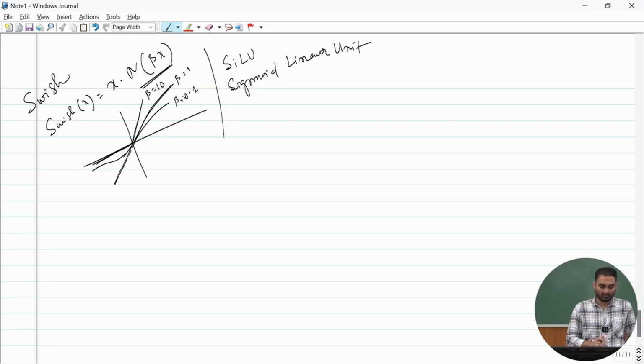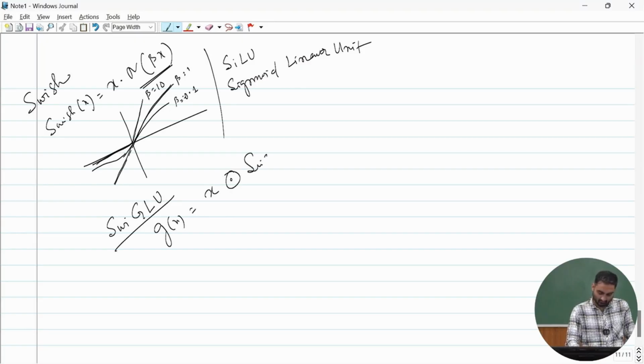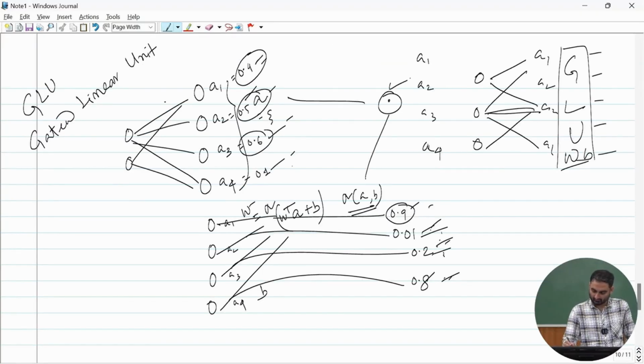And in another paper, people combined Swish activation and GLU activation, and people call it SwiGLU. It looks like this. G of X is Swish of WX plus B, times the element wise dot product that we used here.